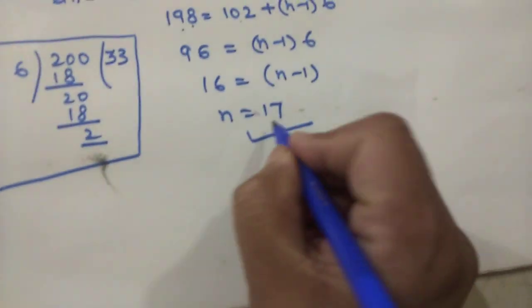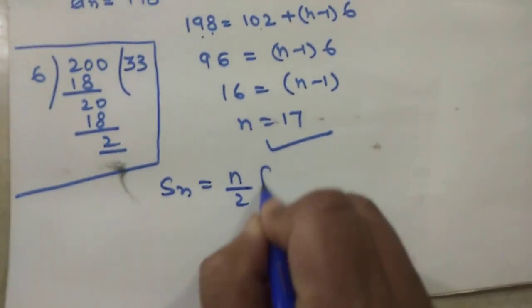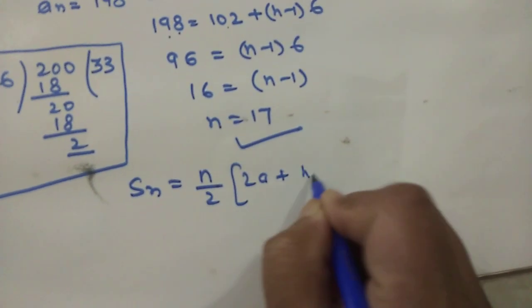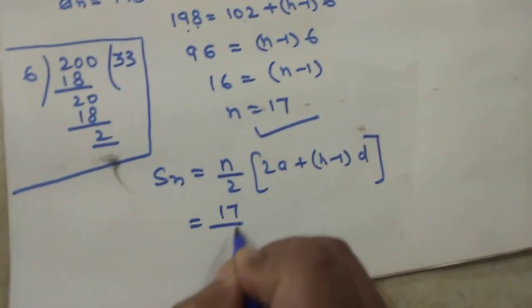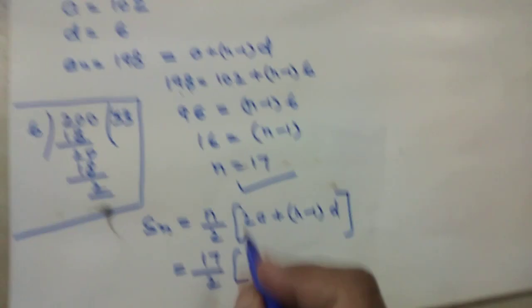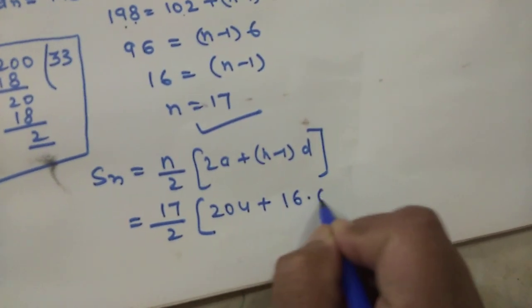So first of all, we have to find the sum of the 17 terms, Sn equals n by 2 times 2a plus n minus 1 d. See the basic: n is 17, so 17 by 2, a equal to 102, so 204 plus 17 minus 1, 16, into 6.